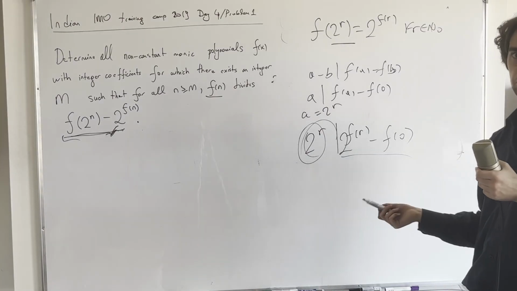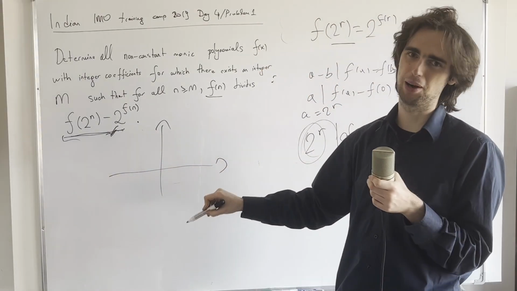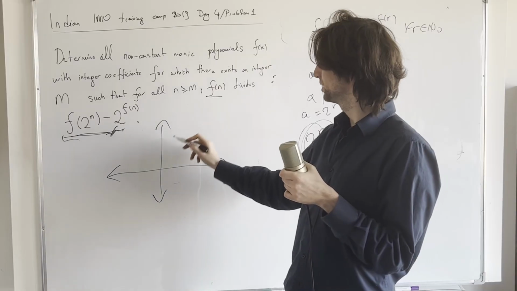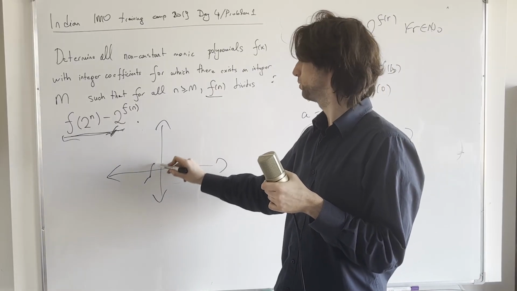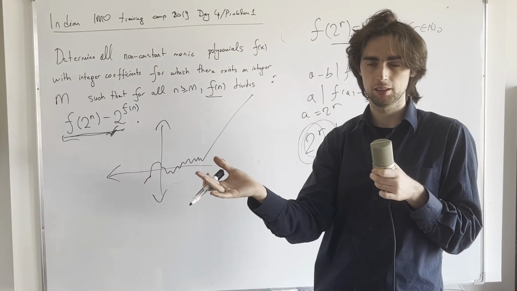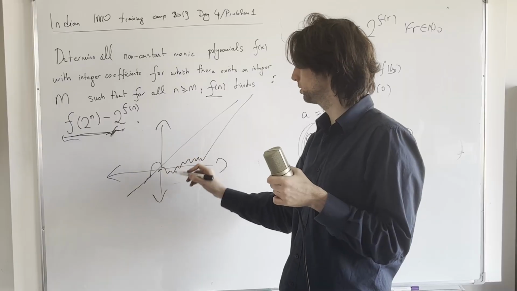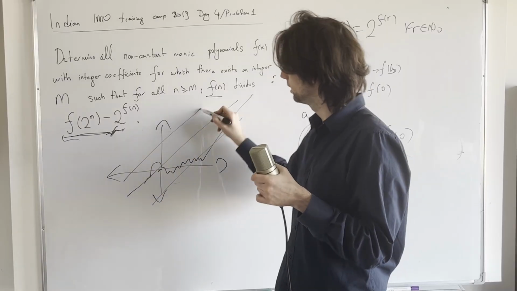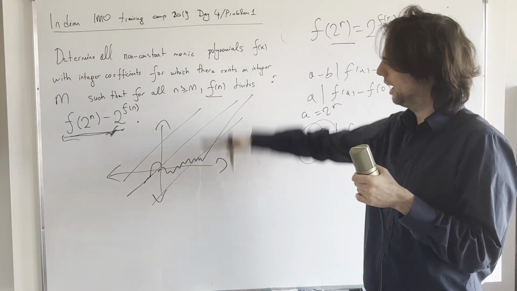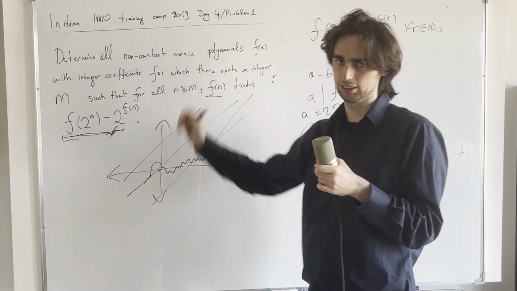f is a monic polynomial, which means also its graph goes up to infinity at some point. This is a very, very cool problem, by the way. I'm just enjoying it as I'm solving it with you. Its graph is going to look like something like this. I mean, it can be a linear polynomial. If it's monic and linear, it's a line where you either add some constant or subtract some constant.